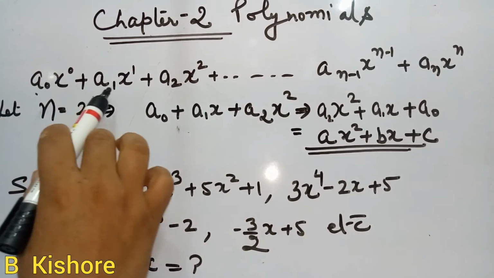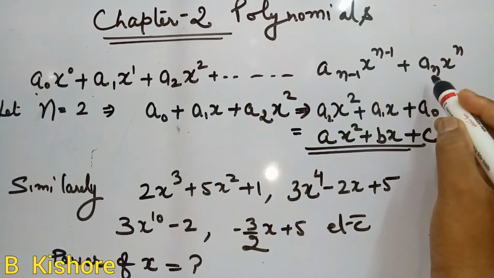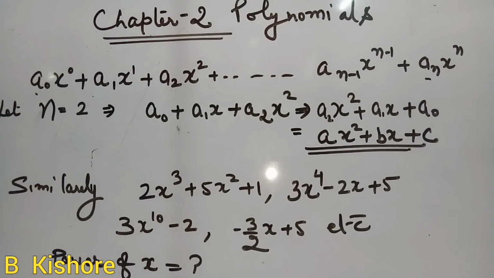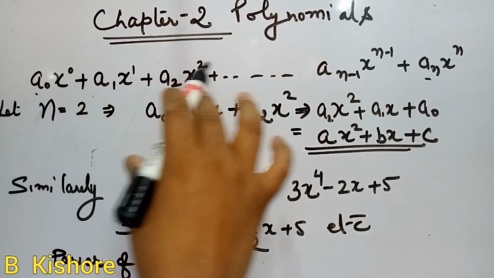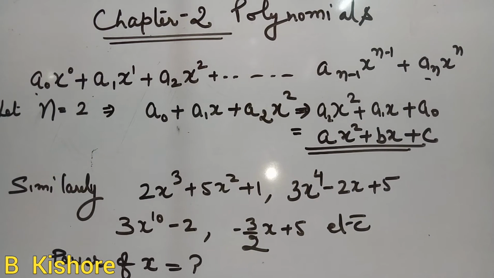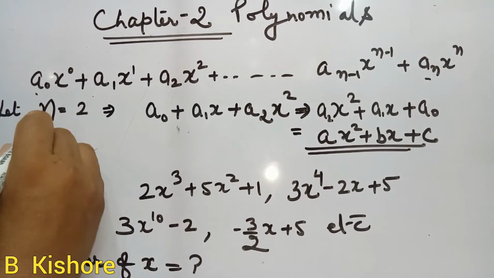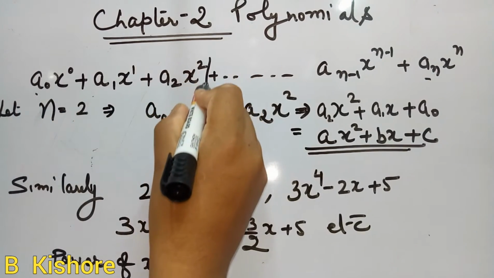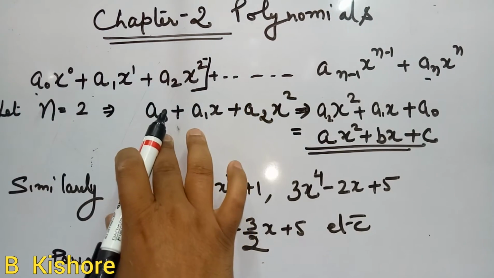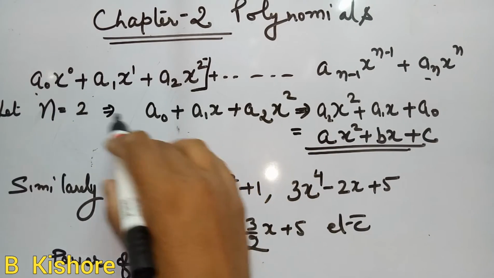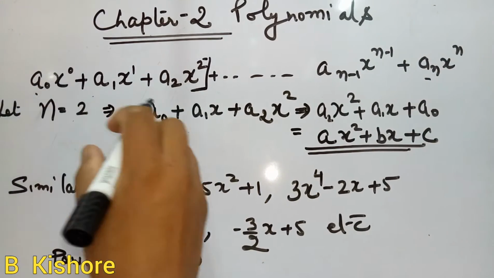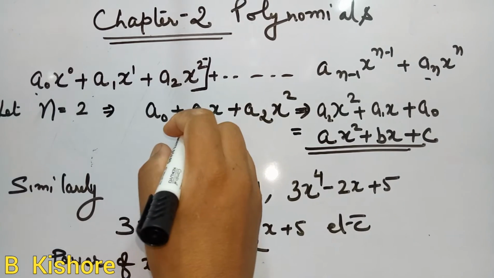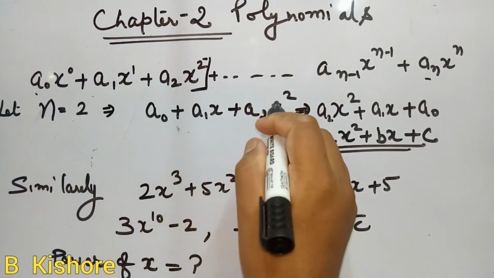Here a0, a1, a2, a3 and up to an are the constant terms, x is the variable and these are the powers. Now you can see that suppose I take n equal to 2, then I will take up to here. When I take up to here, my terms will be a0, x0 means 1, then a1 x1, then a2 x2.